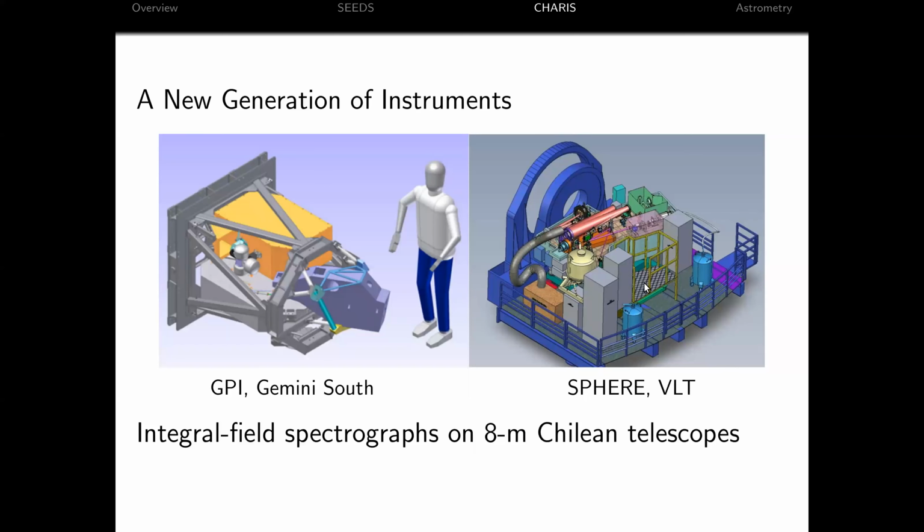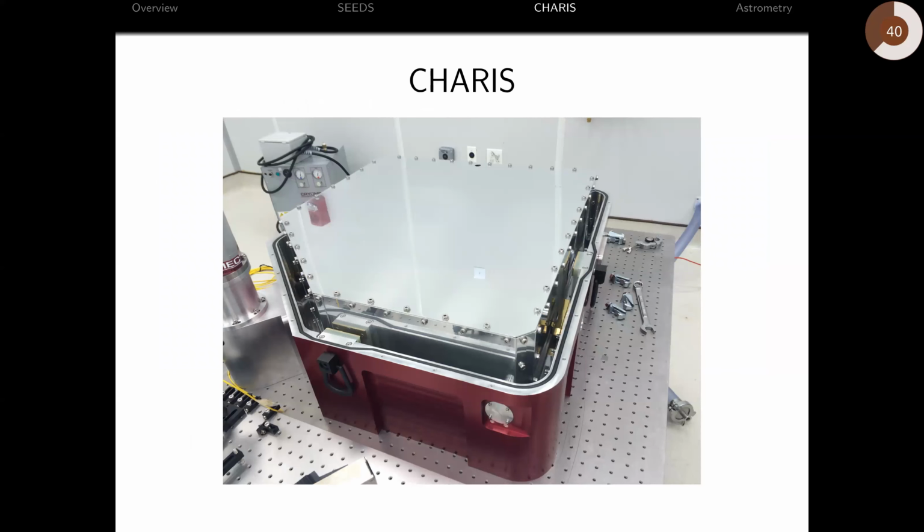Sphere is a gigantic instrument. The Europeans are very good at building big instruments. A person would stand on this platform. So Sphere is a much, much more ambitious project, but it works fantastically well. There is one major advantage that we have as Keras over GPI, and I'll show that in just a minute.